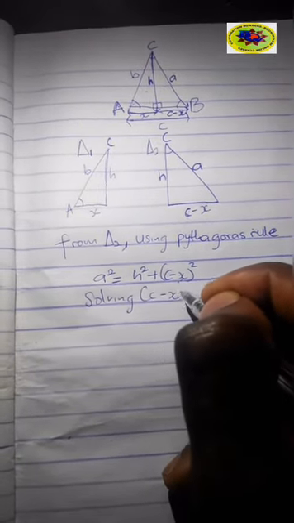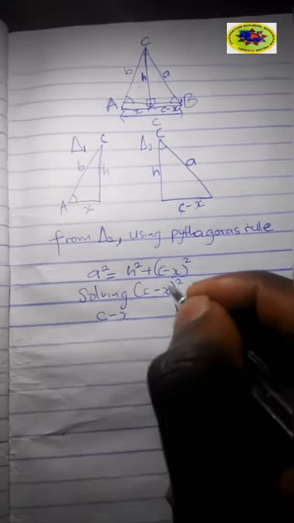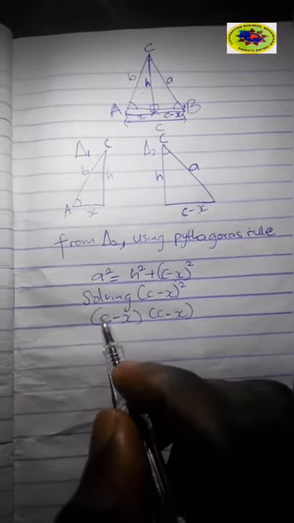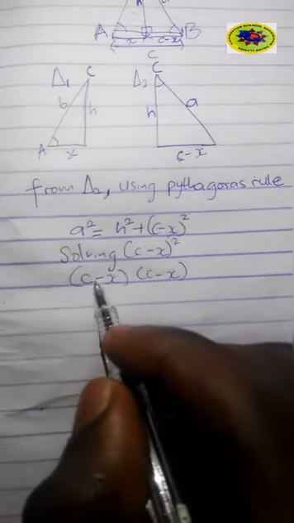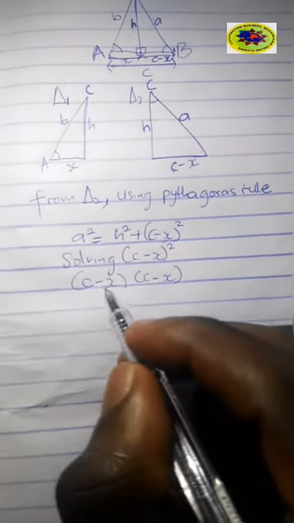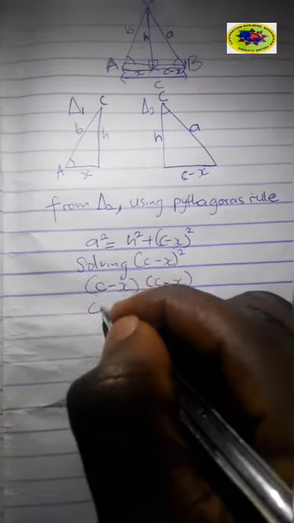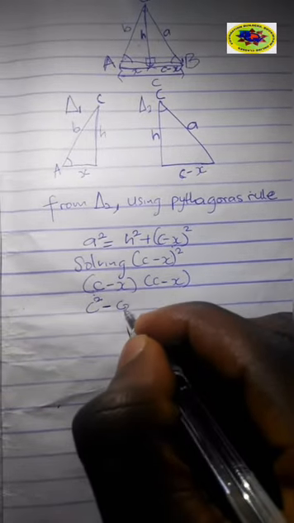Solving c minus x all squared means two of them multiplying each other. Use this one and multiply these two. That is c multiplied by c, that is c square. C multiplied by minus x gives minus cx.